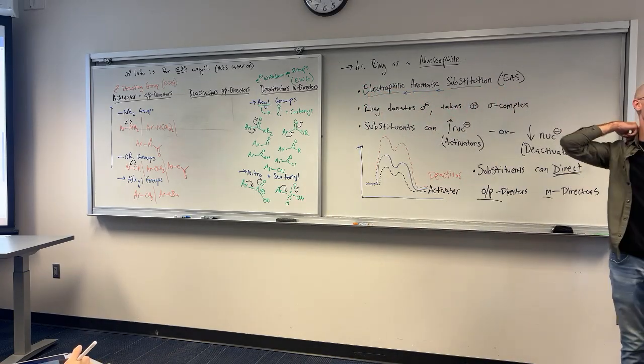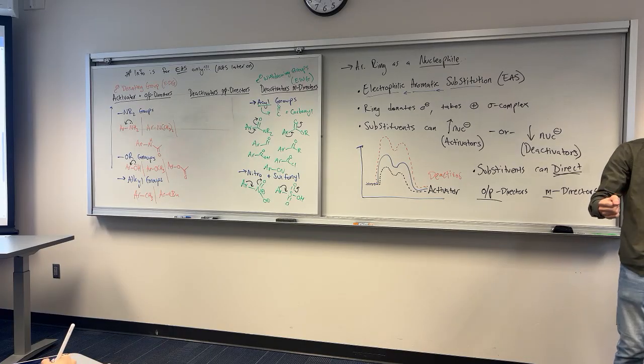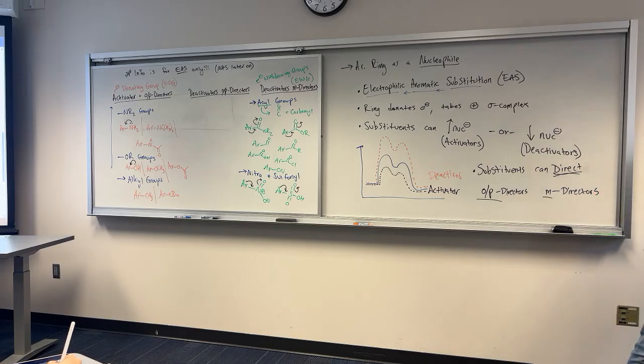No, we're actually not going to call it an electron anything group. Because it's in the middle, it plays both sides, we can't really call it donating or withdrawing. I'll give you a hint.